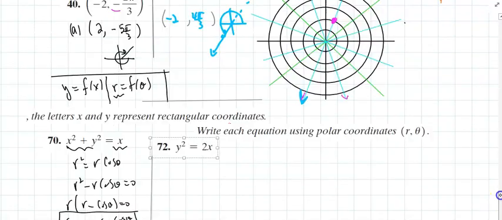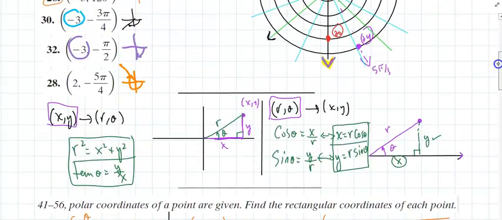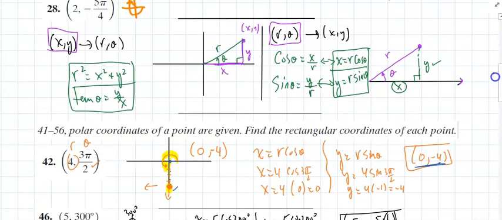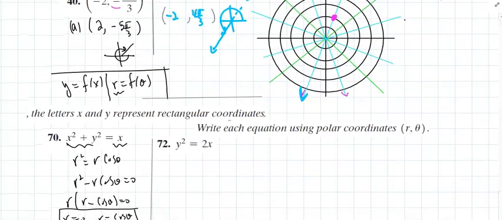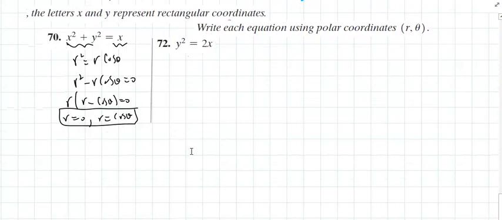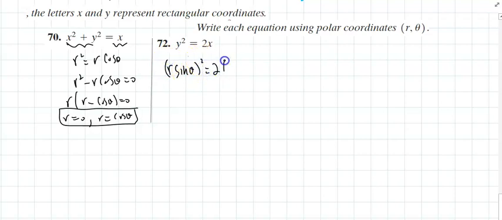If you remember correctly, r squared equals x squared plus y squared, tan of theta equals y over x, and x equals r cosine of theta, and y equals r sine of theta. So going back and forth. When they say get rid of x and y, I only want to see r and theta. So what's y? That's r sine of theta, squared. And what's x? r cosine of theta.